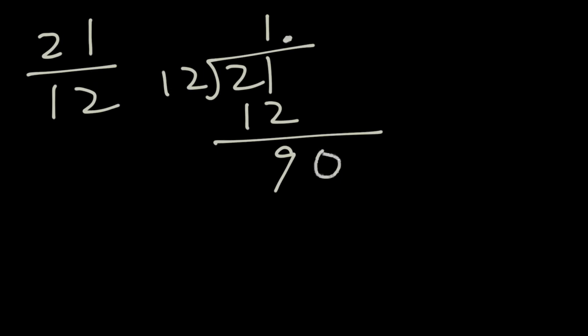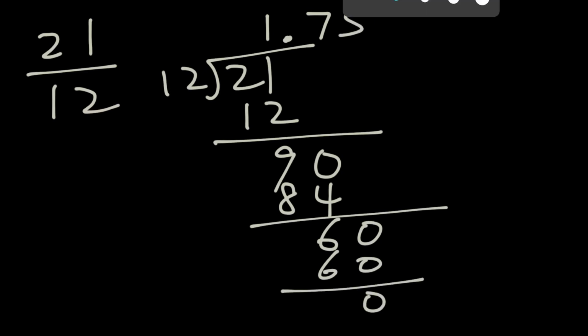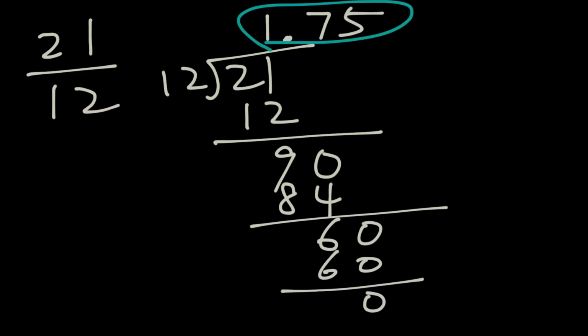Now 90 divided by 12 is, we can use 7, and that comes out to 84. Then there's 6 here, bring down the 0. Then we get 5. So the answer for this is 1.75.